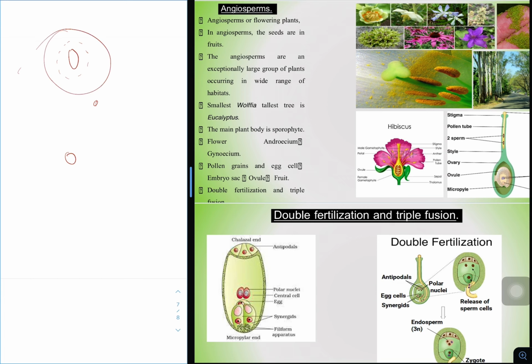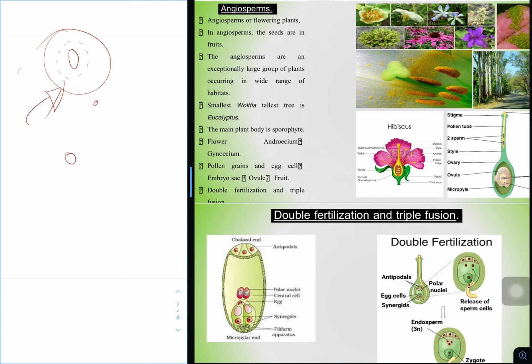They are a highly developed group of plants. Why? Because each and every living organism present on the earth will directly or indirectly depend on angiosperms for its nourishment or various other processes.